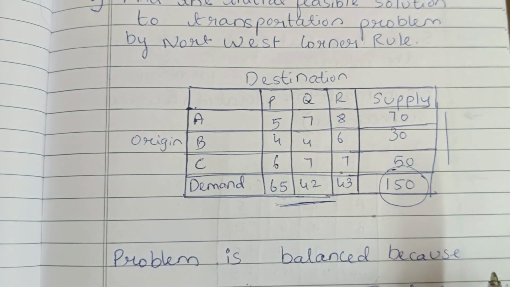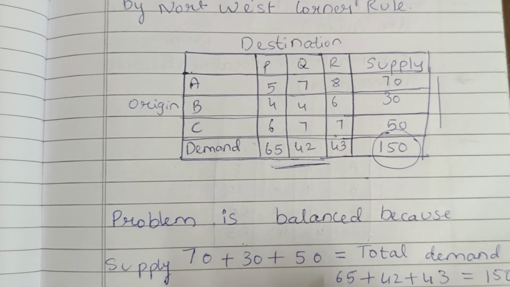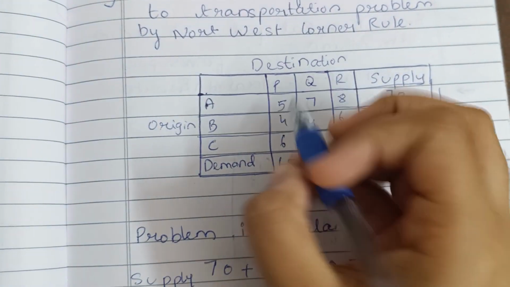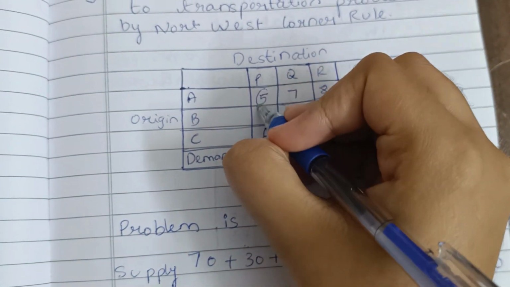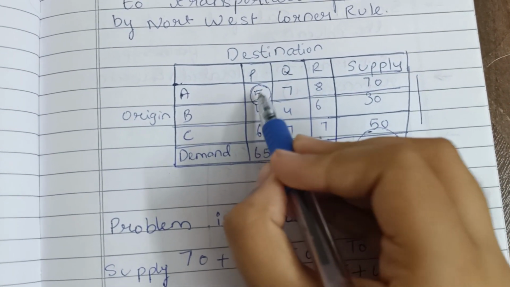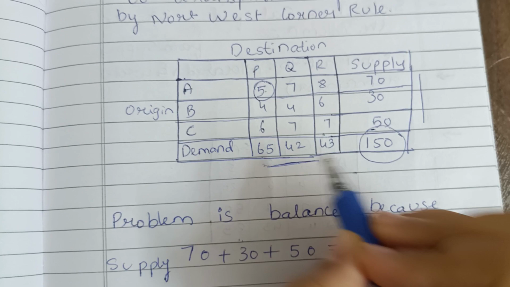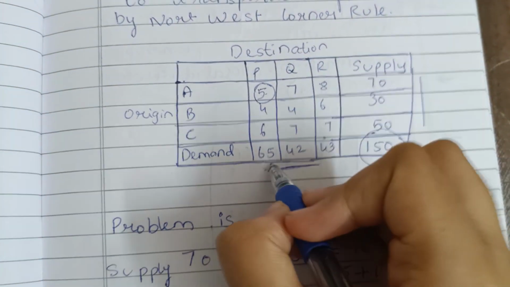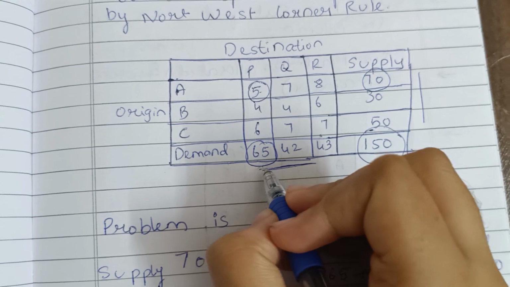So coming to the first step, we have to find the northwest corner cell, which means the first cell of the first row and first column, which is 5. This is the northwest corner cell in this table. Then find the minimum of demand or supply. Of this 65 and this 70, the minimum is 65.